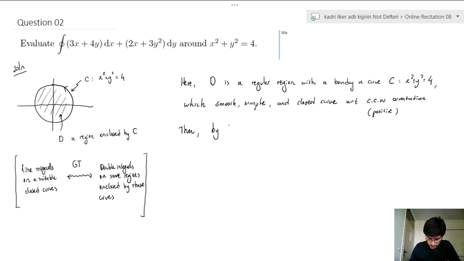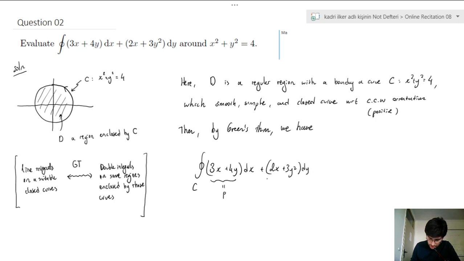Then by Green's theorem, let's see what we have. We have the following observation. Instead of computing this thing, dx, a convention in general is, let me denote this part by P, denote this part by Q, two components if you like, and Green's theorem applies here.